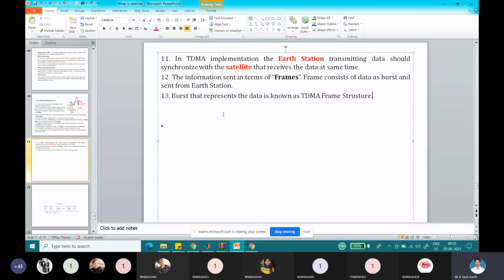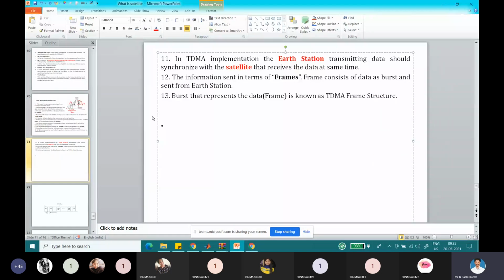The burst which represents the data, which is nothing but what is called a frame. All the data inside the frame we call a burst. That is known as the TDMA frame structure. That we call the TDMA frame structure.